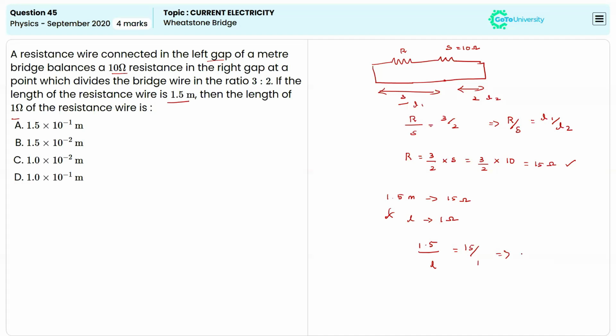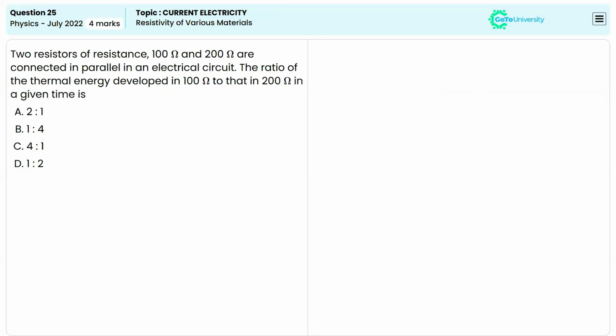So when we simplify this, L will be equal to 1.5 divided by 15, which is equal to 0.1 meter, or we can write this as 1 times 10 to the power negative 1 meter.